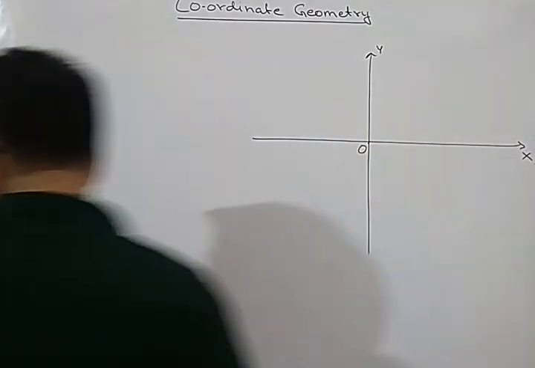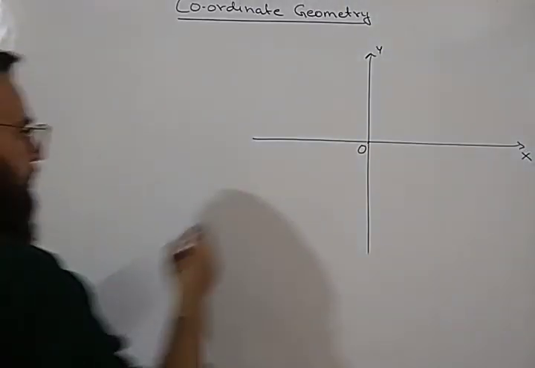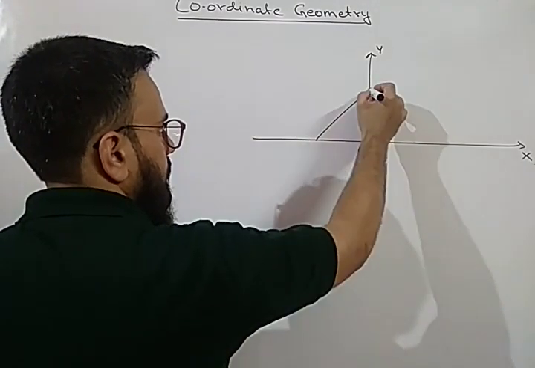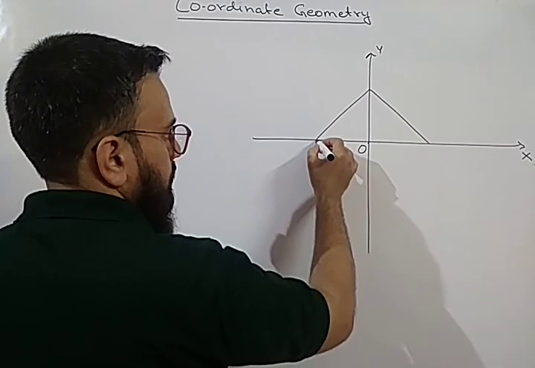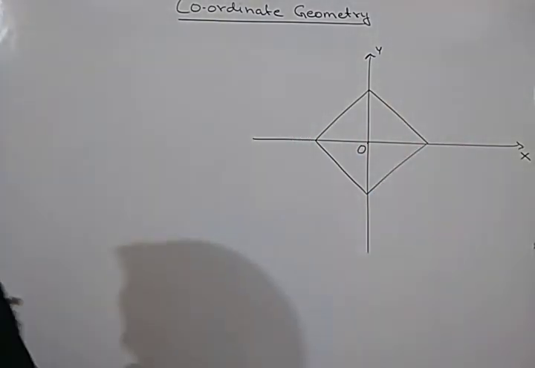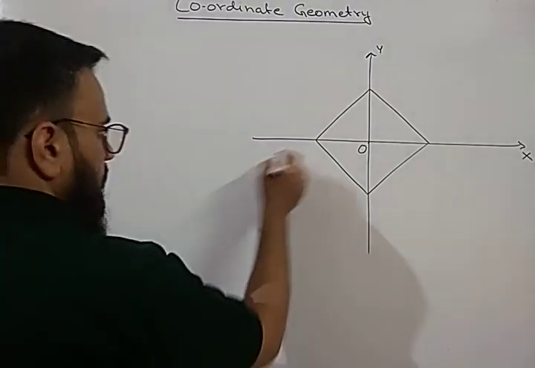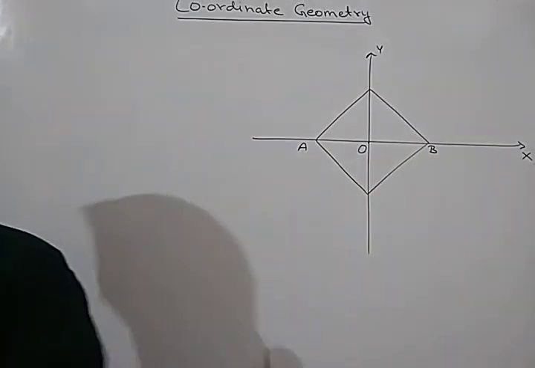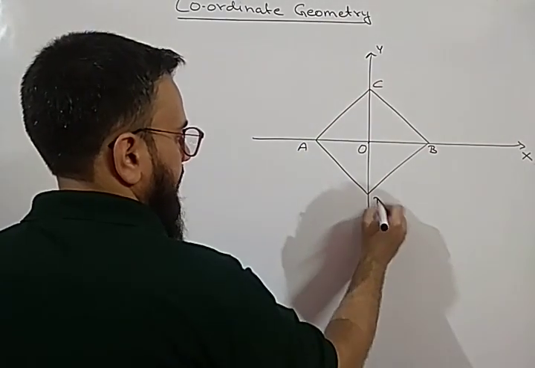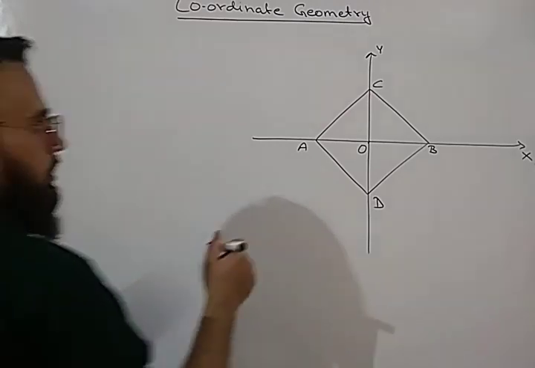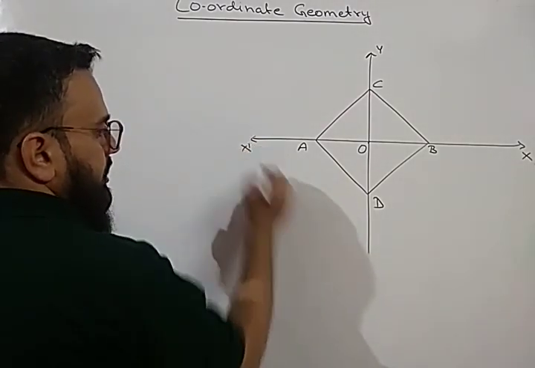This is origin O. This figure is given: A, B, C and point D. This is x dash and y dash.